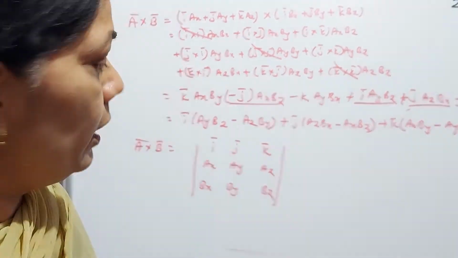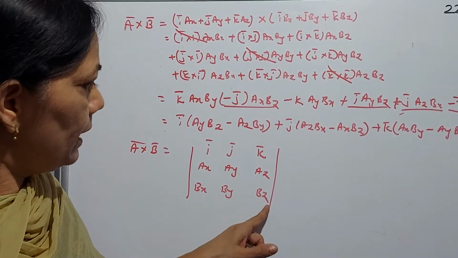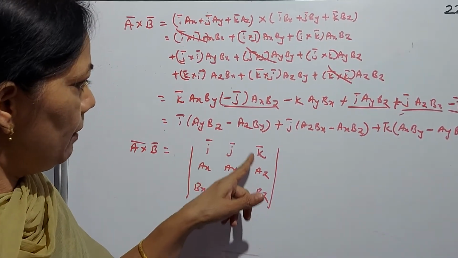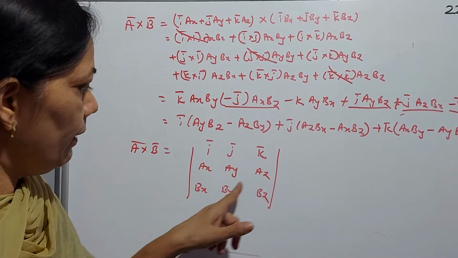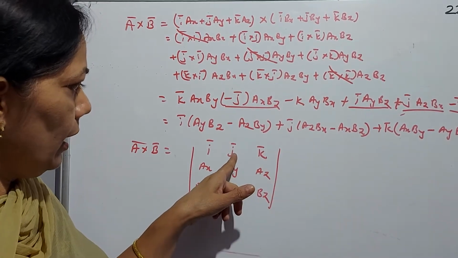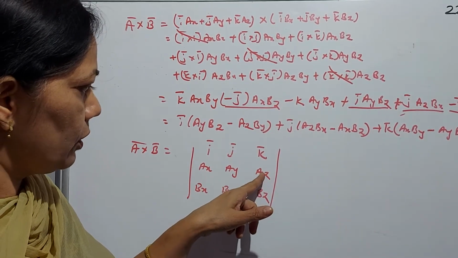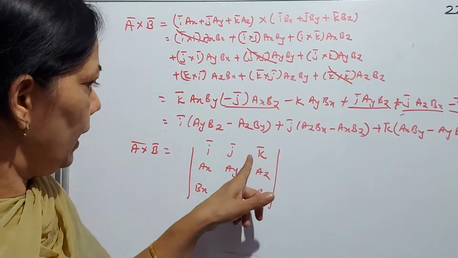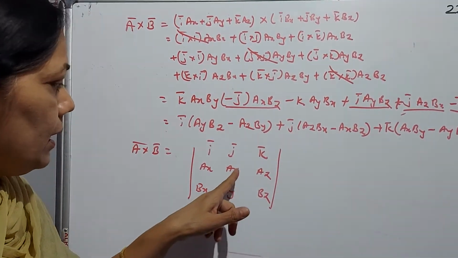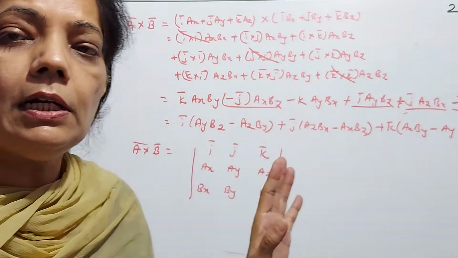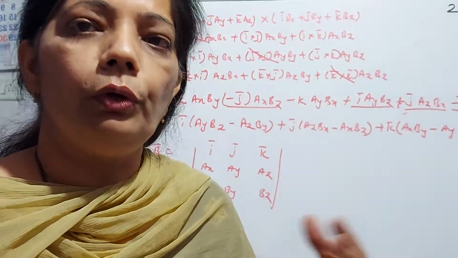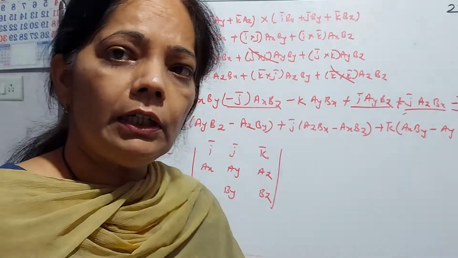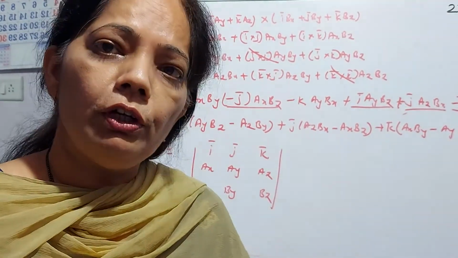We always do I into (AY BZ minus AZ BY) plus J. If it is plus J, I have to take this term first: (AZ BX minus AX BZ) and plus K (AX BY minus AY BX). So this is the simplest way of doing the vector product in terms of the components of the vectors.